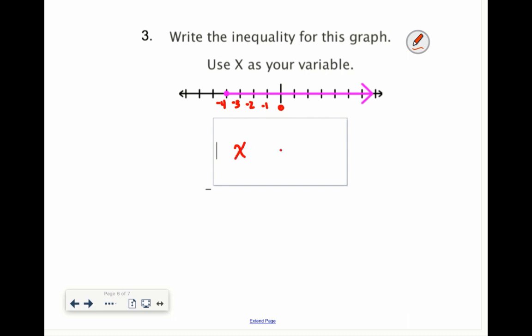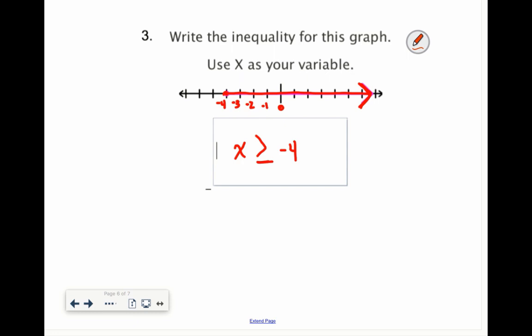And we know we have a -4, and now we need to figure out the sign. We're going in this direction, right? That tells me all the numbers bigger than or equal to, because it is closed, so we can put the equal sign there. So x is greater than or equal to -4 is the correct answer there.